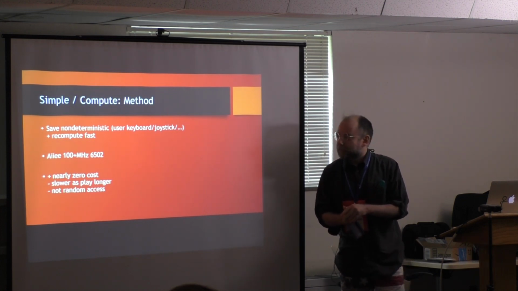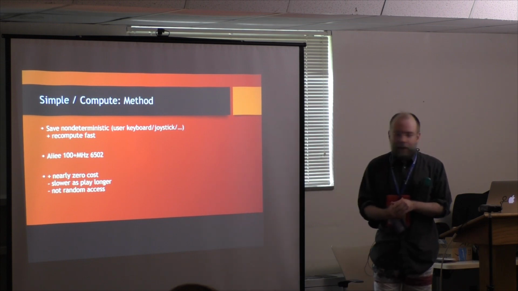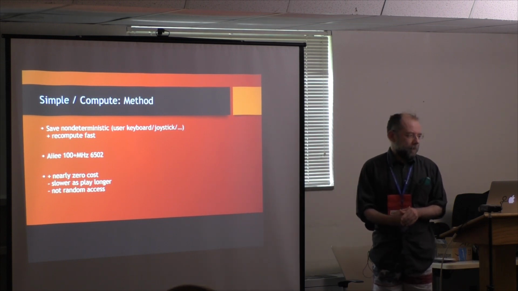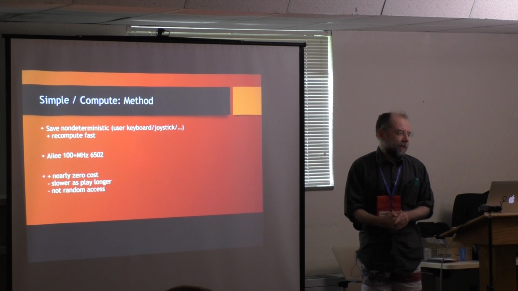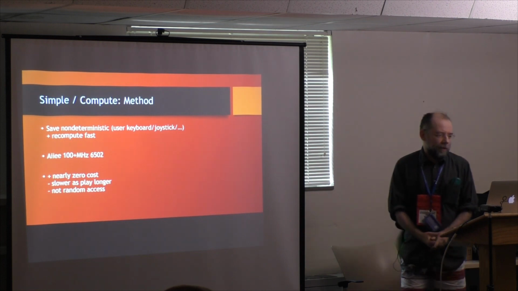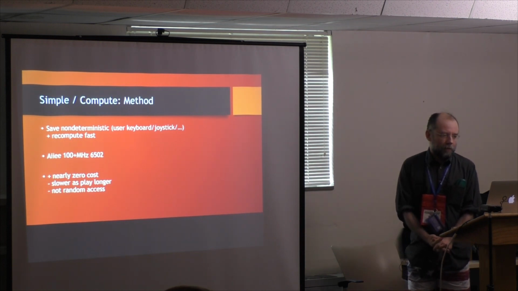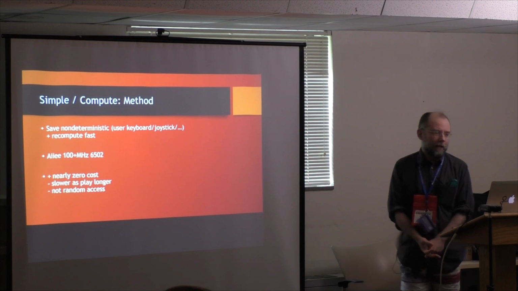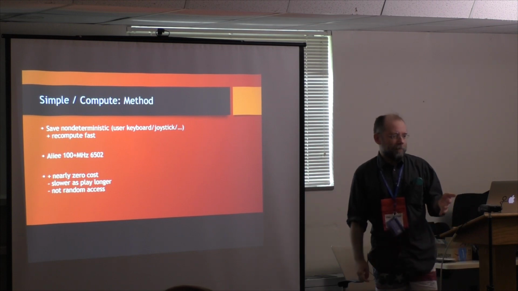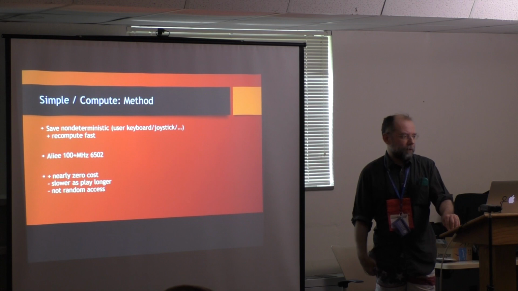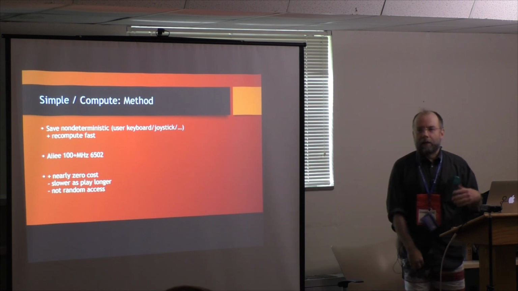And this is feasible, especially if you're trying to emulate a 1 megahertz machine, which is just kind of a random number that happened to be used, and you can probably do it a lot faster.